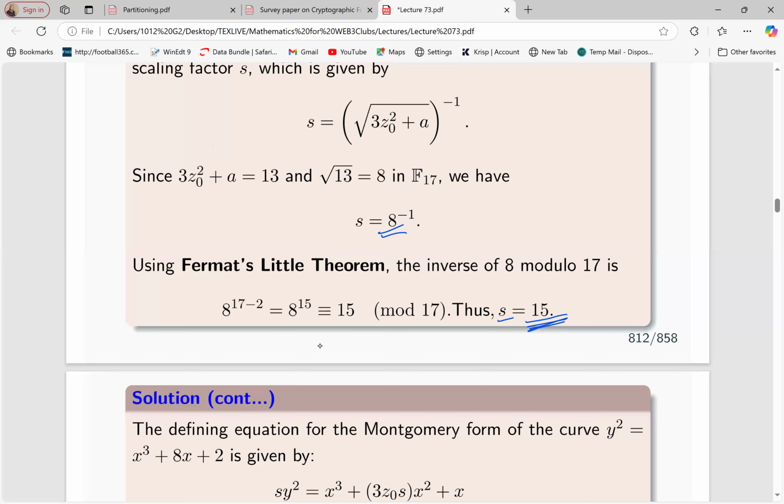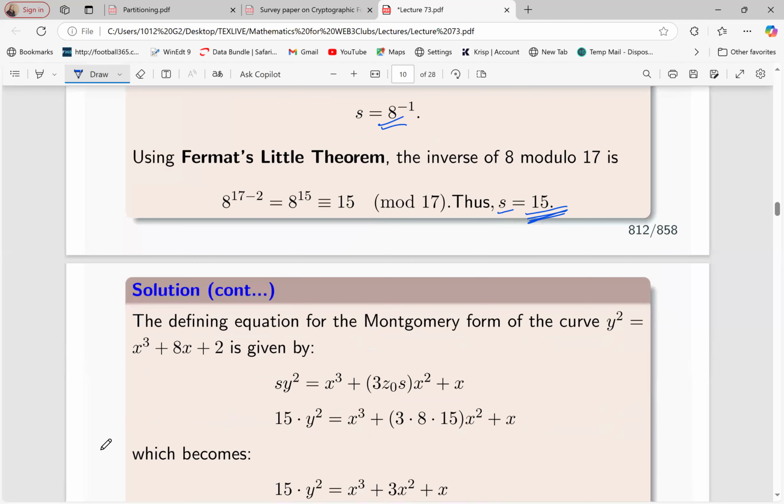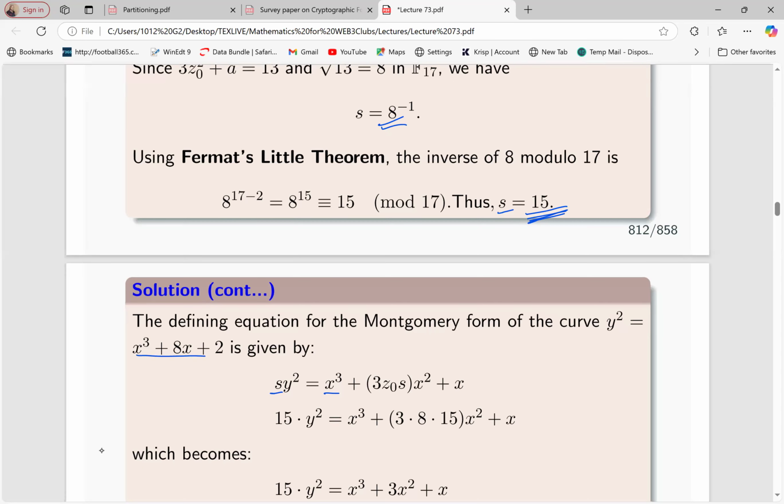Now that we have the scaling factor, we can straight away write the Montgomery form of this Weierstrass equation. Where there is this, you put 15, where there is S, put 15.